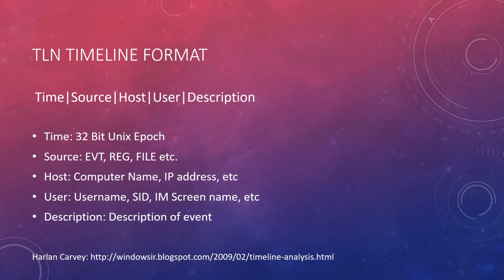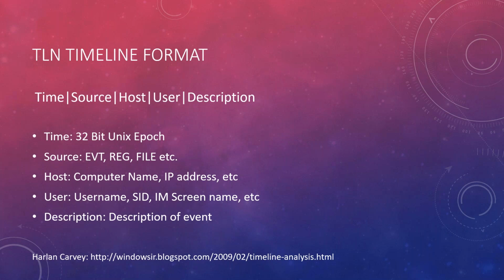There has to be a host, or where this data came from. That's the computer name, IP address, once again, whatever makes sense for your particular data source. The next thing is the user, if there is a user that can be tied back to that data. When we talk about registry hives, opening documents, jump lists, internet history, all of those things can be tied back to users. If that's possible, we're going to have the user field populated.